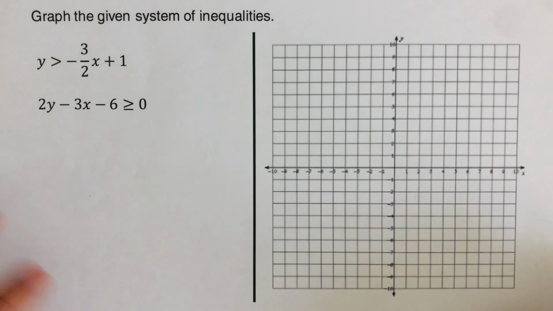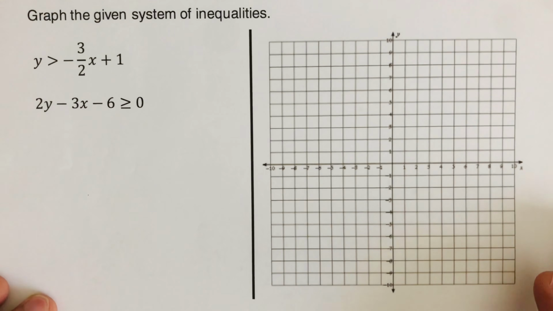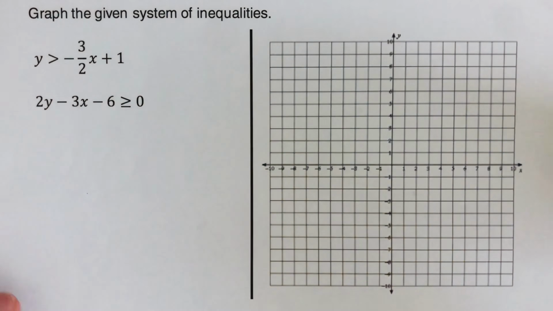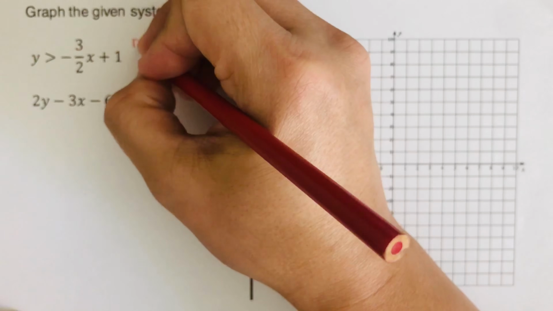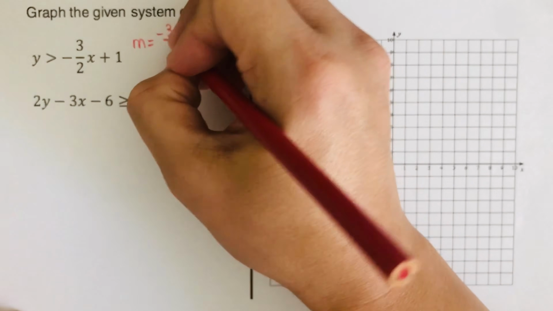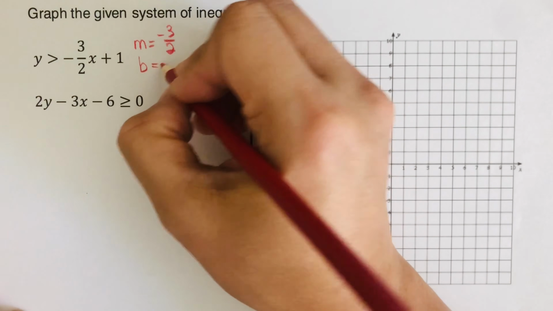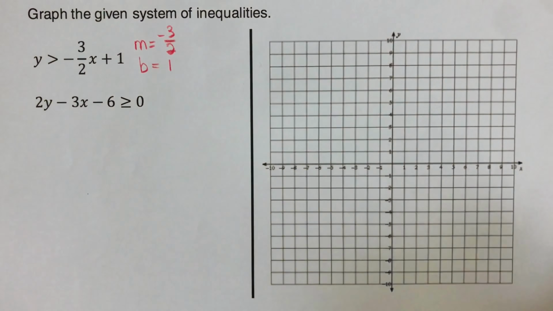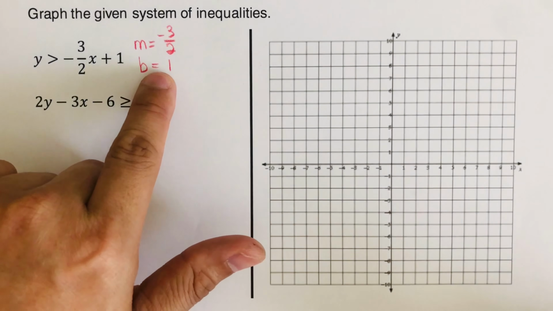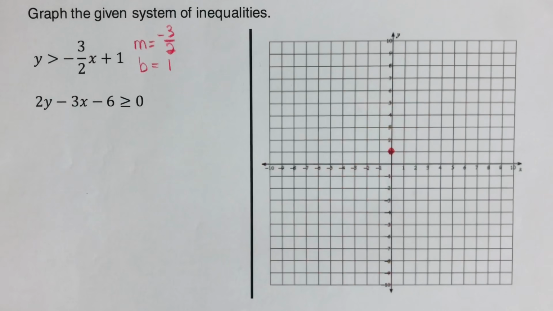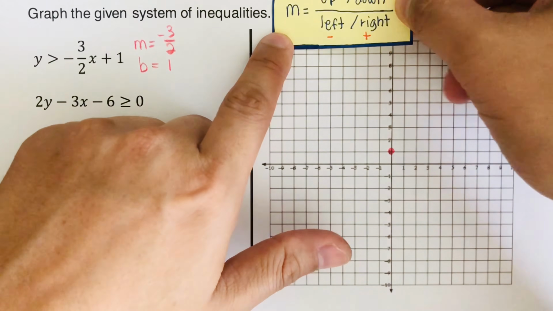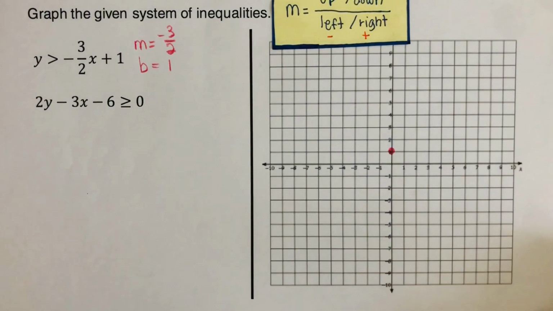First, we are going to graph the first one here. In this problem, m is negative 3 over 2, and b is positive 1. So we graph the b first, which is on positive 1. Please remember that the slope represents this.